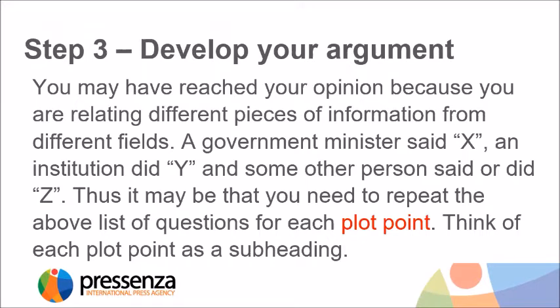So it may be that you need to answer those questions, who, when, where, what, how, for all of those different parts. And it might be that you decide to structure your opinion piece with different subsections, and all of that is fine. Or if it's not too long, it may be just like a page or something. You may decide that there's no need for any subheadings. But in any case, if you are relating 2 or 3 different areas together, you will need to gather the information about your opinion.